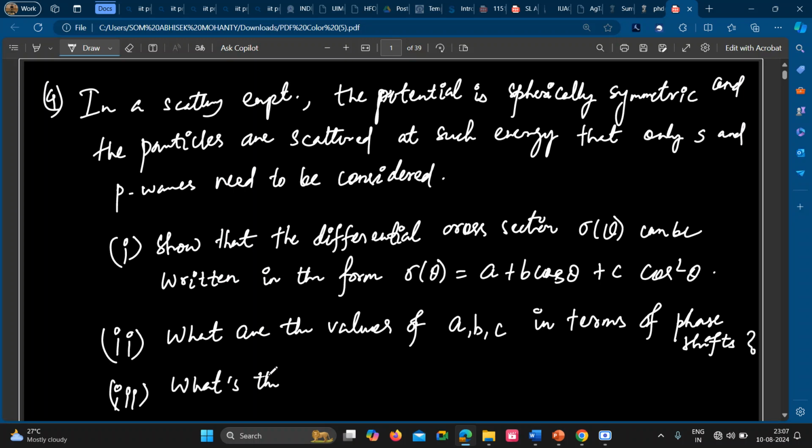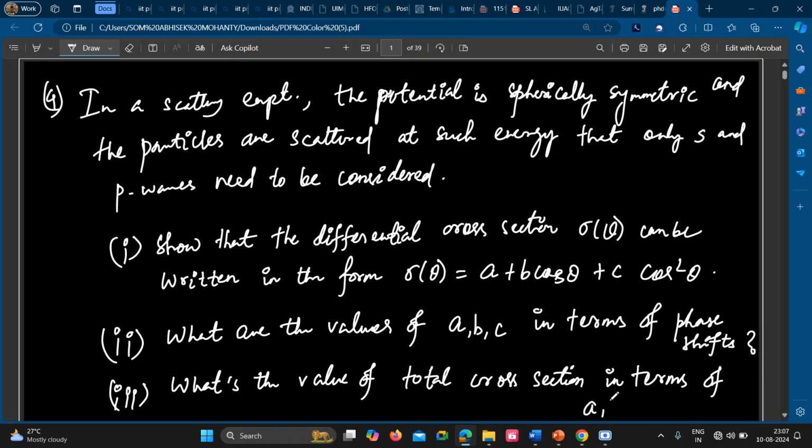And the final question is, what is the value of the total cross section in terms of a, b, c? To recap: in a scattering experiment, the potential is spherically symmetric.